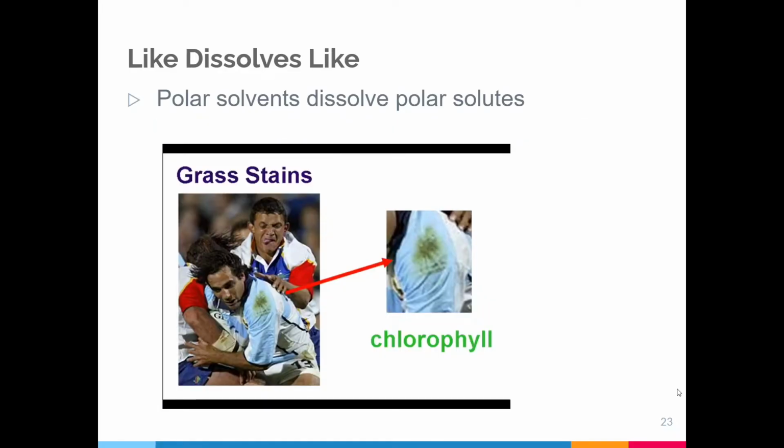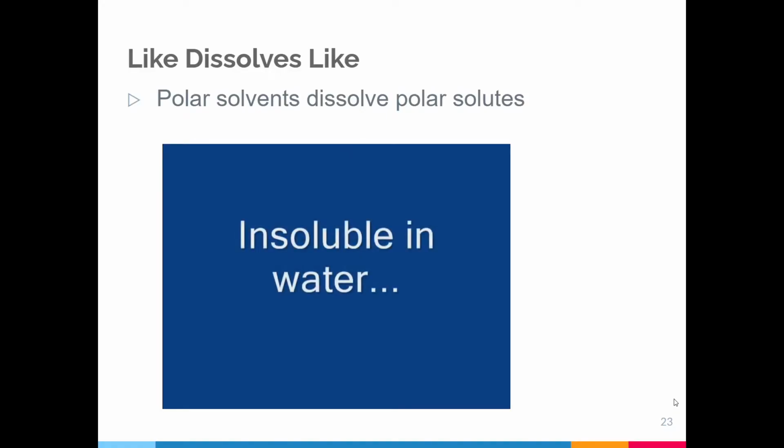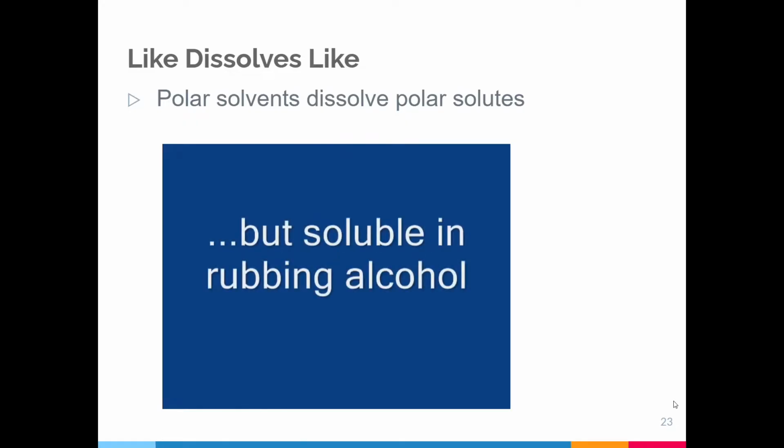Another example is grass stains. The grass stains are insoluble in water, but soluble in rubbing alcohol.